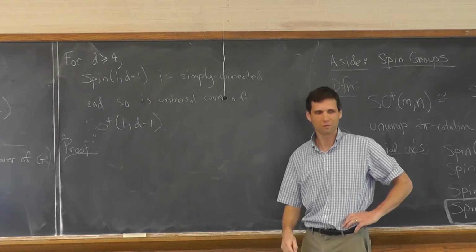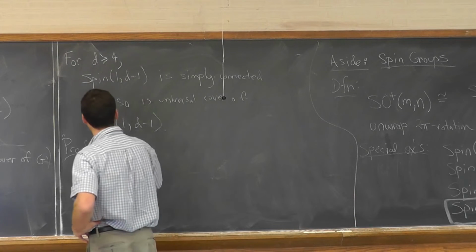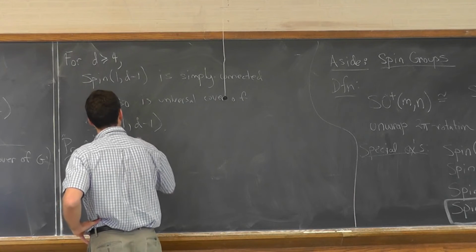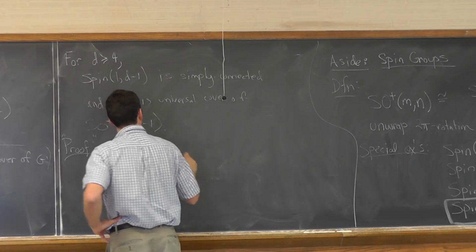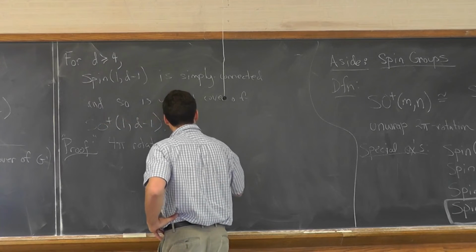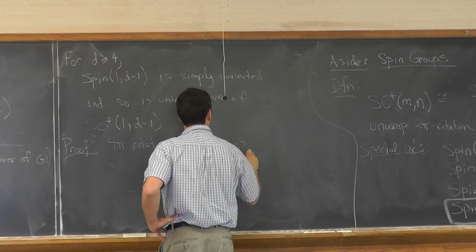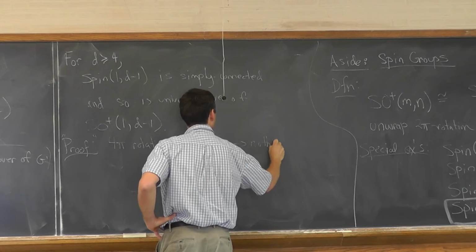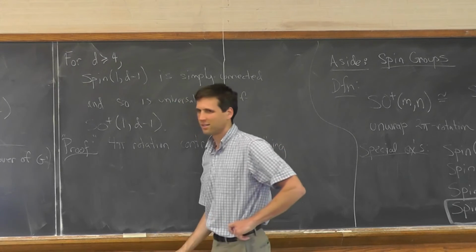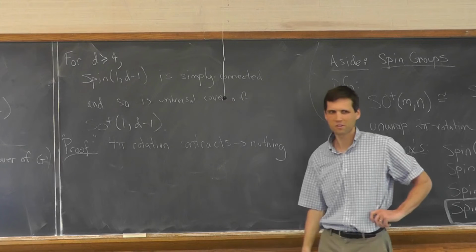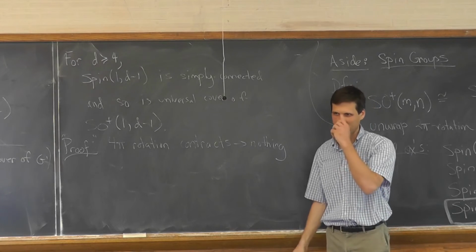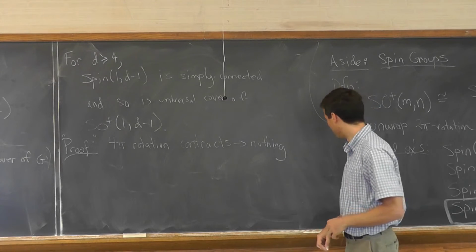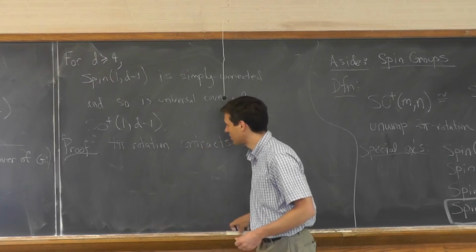So the proof of this is the fact that a 4 pi rotation contracts to nothing. This is a bit hard to picture, but there are some nice pictures in Wald, and I could show you how this works.